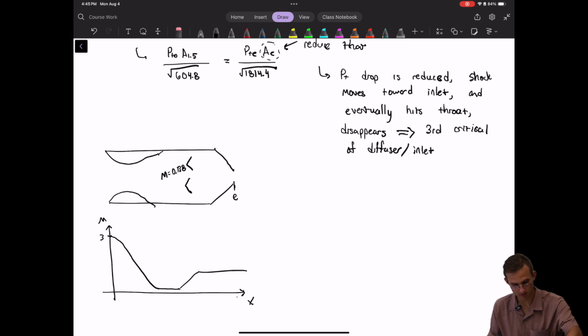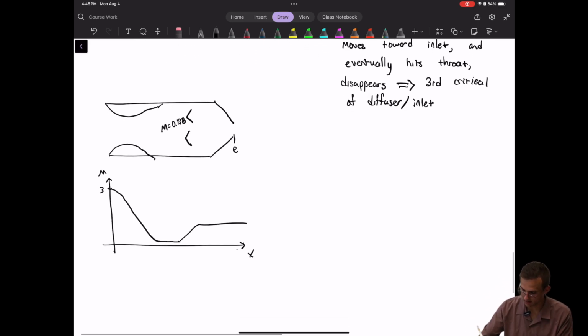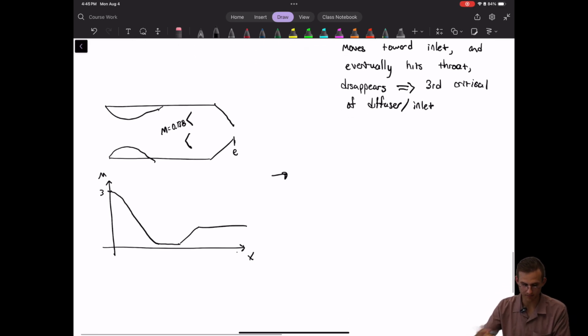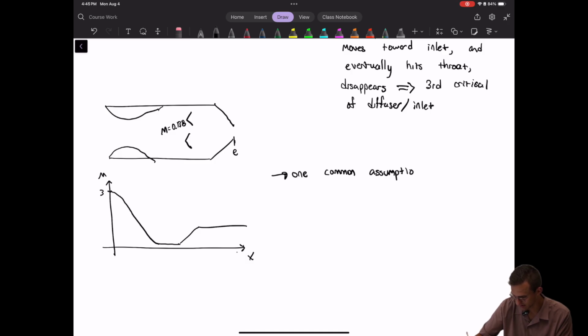One common assumption, just as a little aside here, and we'll justify this assumption later, is that the stagnation pressure ratio across the burner is basically 1. Okay, that it's not changing across the burner.